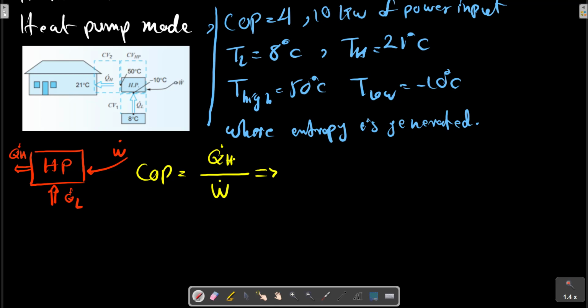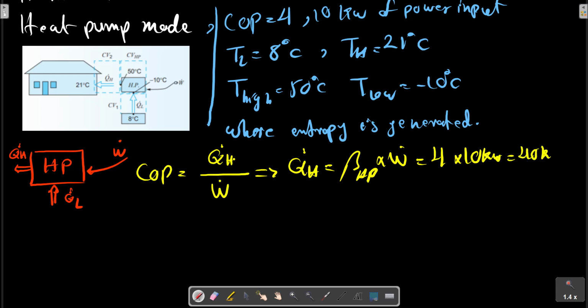our input. Q dot H can be expressed as W dot multiplied by the COP, knowing the input. We can calculate Q dot H and it is 40 kilowatts.